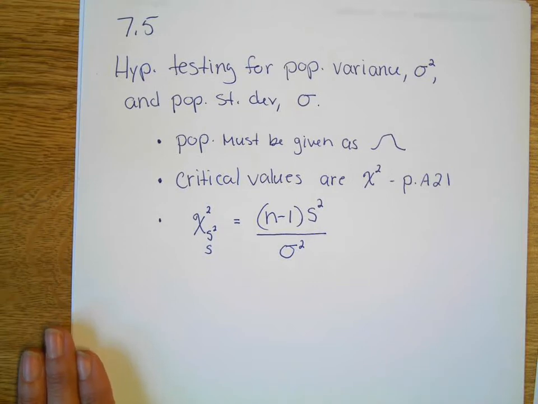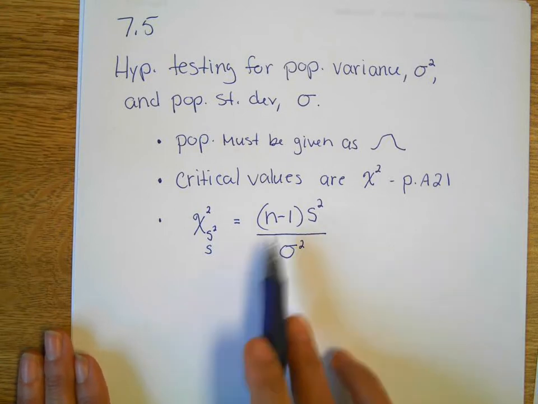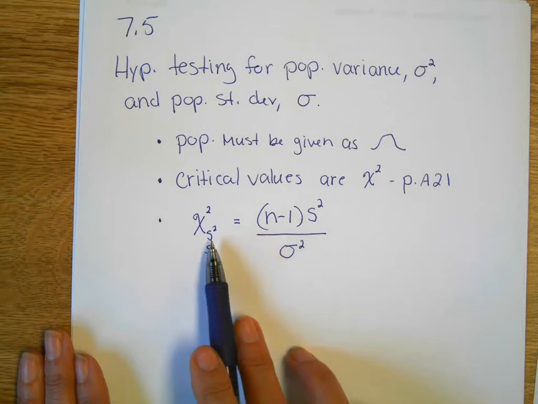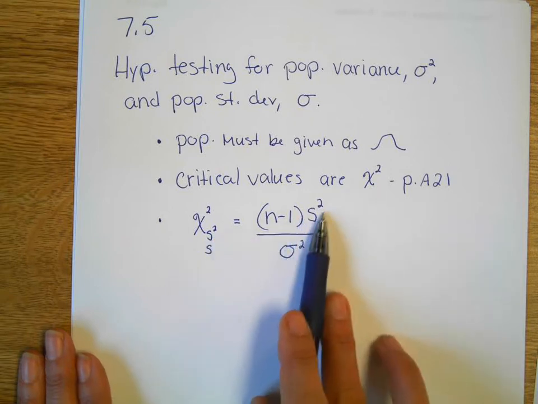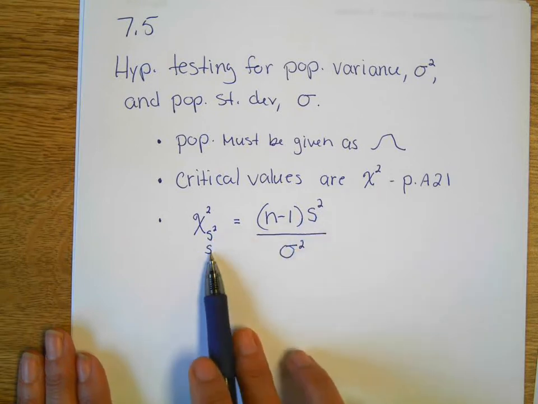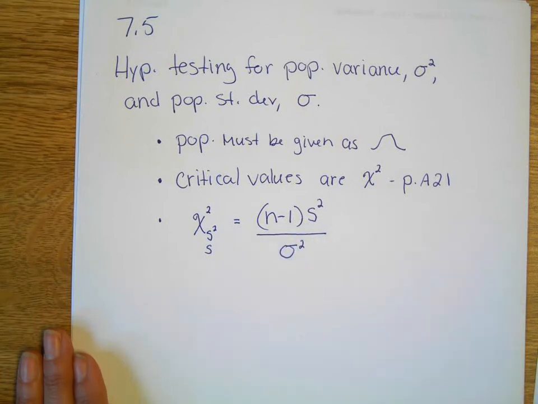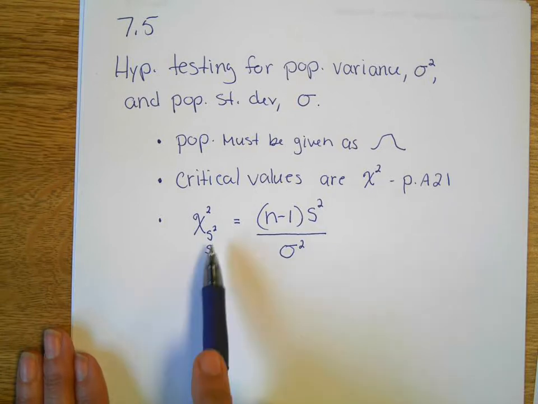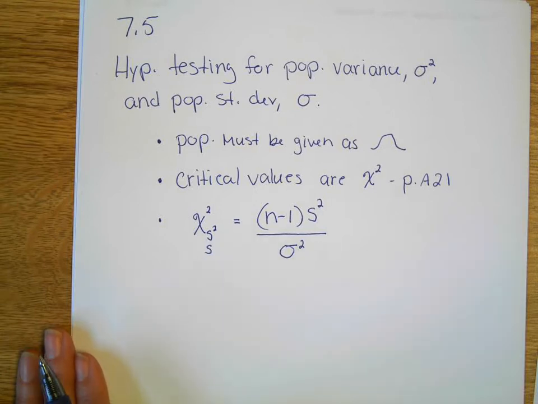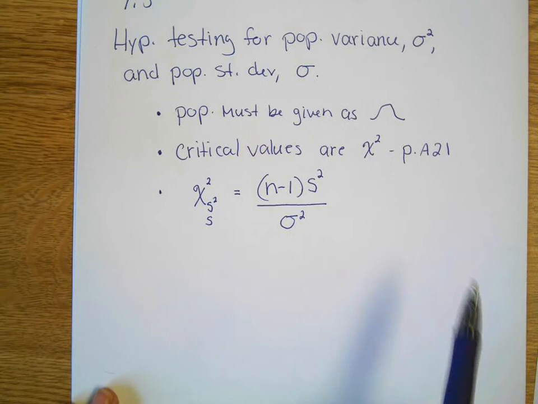Wait, how is that for both of them? Because if they give you S squared, you just use it and don't re-square it. And if they give you S, you just take it and you square it. So it works for both of them. You'll see, they're going to do one of each, where we start out with S squared and where we start out with S.